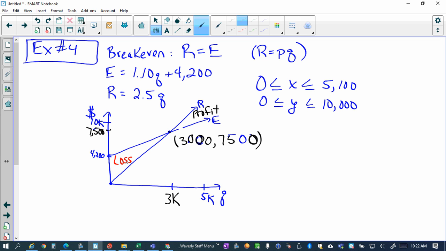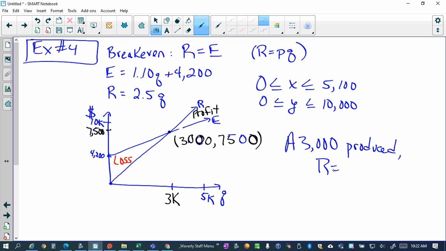All right. So our break even, according to this, is at 3,000 widgets produced.